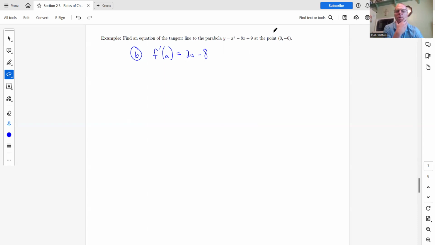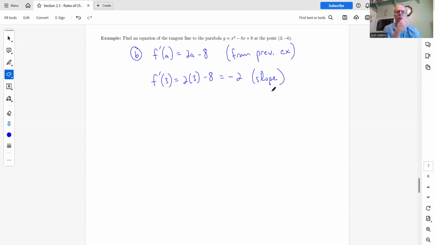So if we want to find the equation of the tangent line where x is 3, you really just have to plug in 3 for a. So f prime of 3 is -2. So that is our slope.